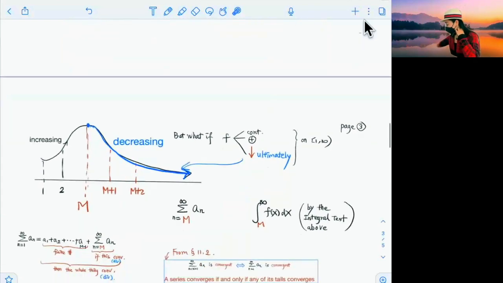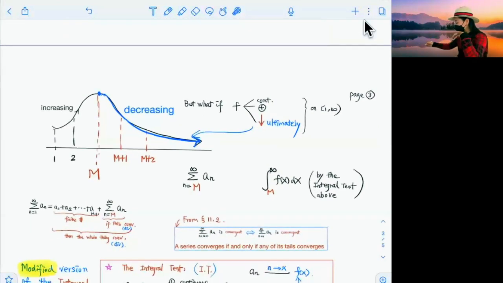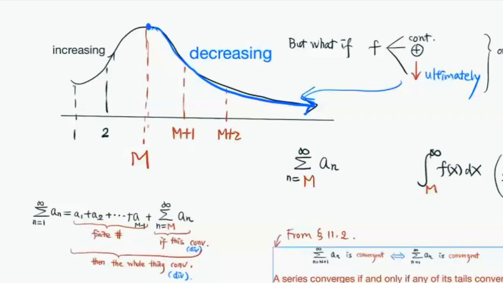Yes, good guess. What's the reason? We can consider the series with the index starting from m. Since the function is decreasing after m, we can apply the integral test on this series, if the function satisfies the three conditions of the integral test.